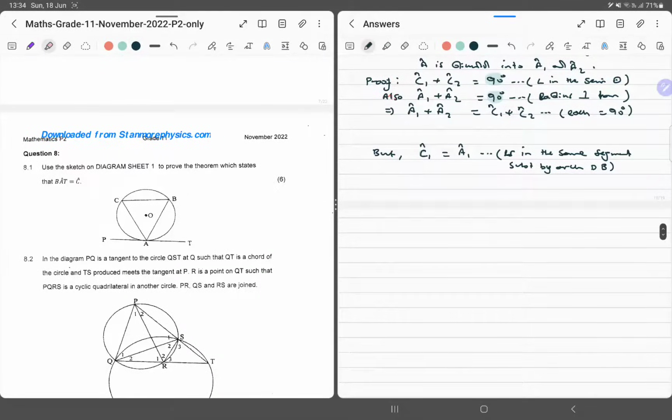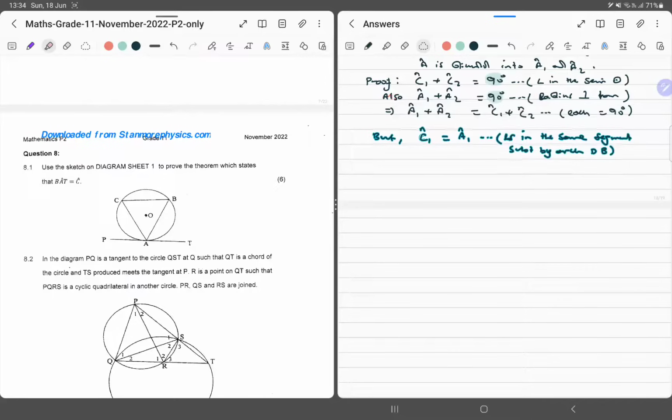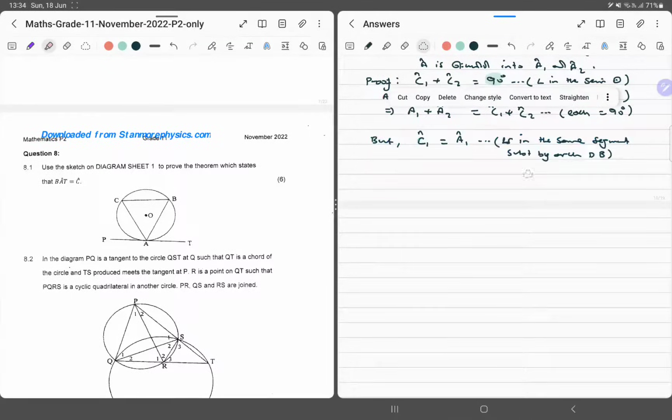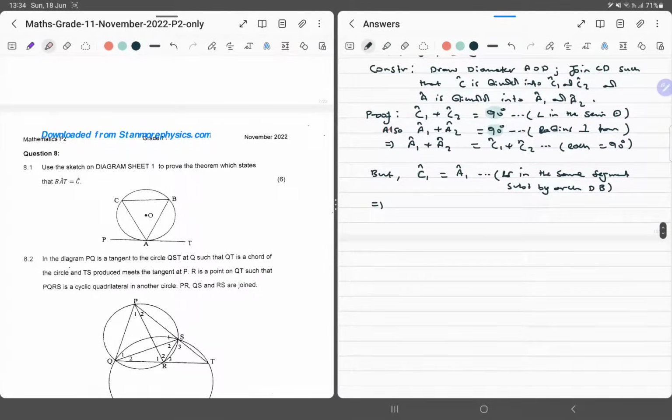Okay, so what is the story then? Now when we factor this in, this implies, in our equation, without a shadow of a doubt, that A1 plus A2 is equal to, instead of C1, we're going to write A1 plus C2.